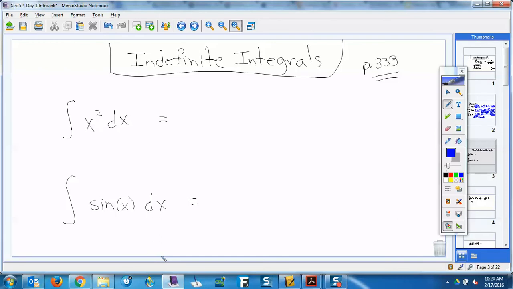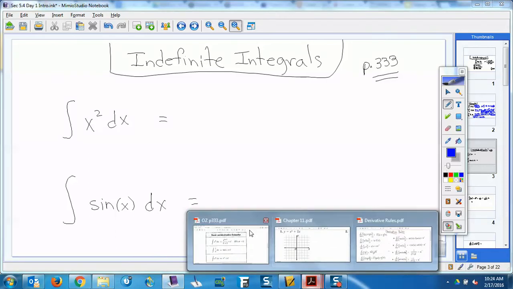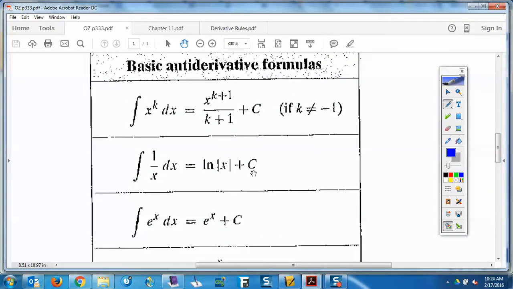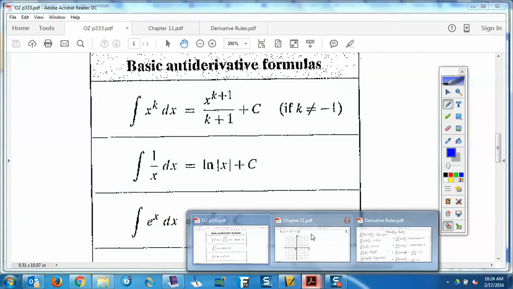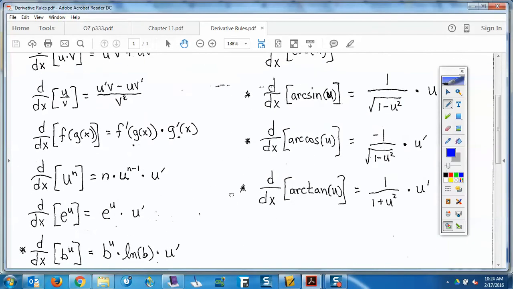Okay? So, page 333 in your book. All right, here I've got a picture of it right here. Page 333 in your book has 9 antiderivative rules. That's it. That's what you got to know for antiderivatives. So you need to understand that doing an antiderivative is a different scenario than doing a derivative. When we learned about derivatives, we had this whole page of derivative rules.